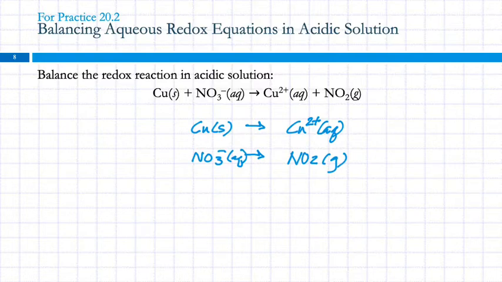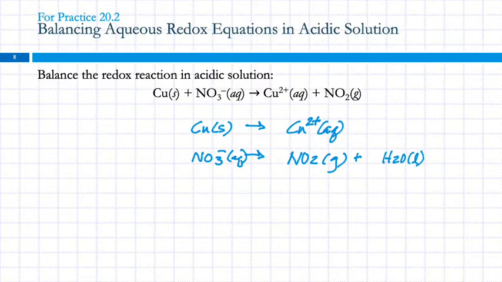So first I balance with respect to mass. 1 copper, 1 copper, good. 1 nitrogen, 1 nitrogen, but 3 oxygens and 2 oxygens. I need another oxygen on the right side, and I do that by adding water, because that's what the directions say. Because that's where the oxygen is going to be.